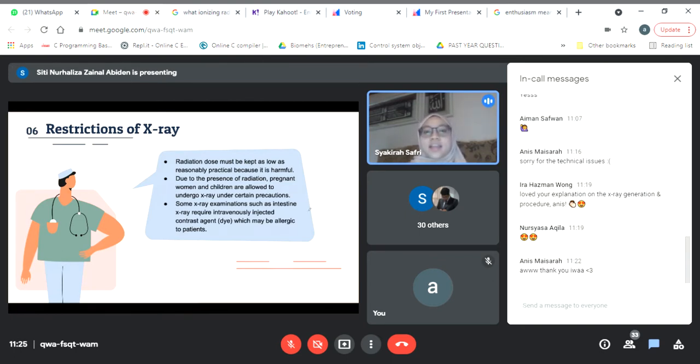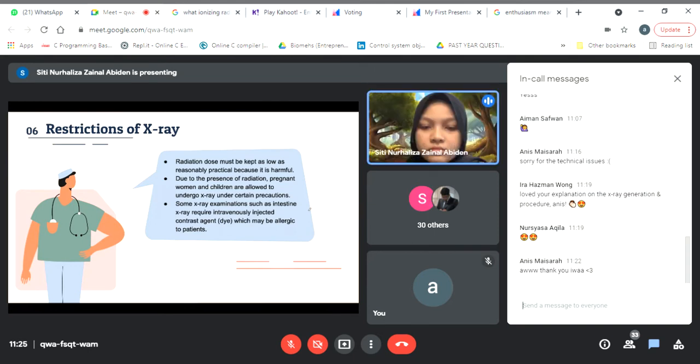Other than that, there are certain X-ray examinations where we need to use a contrast agent. Contrast agent, as explained by my friend Anis, is used to improve the pictures of certain organs. However, we need to bear in mind that certain people might get allergic effects after the use of contrast agents.